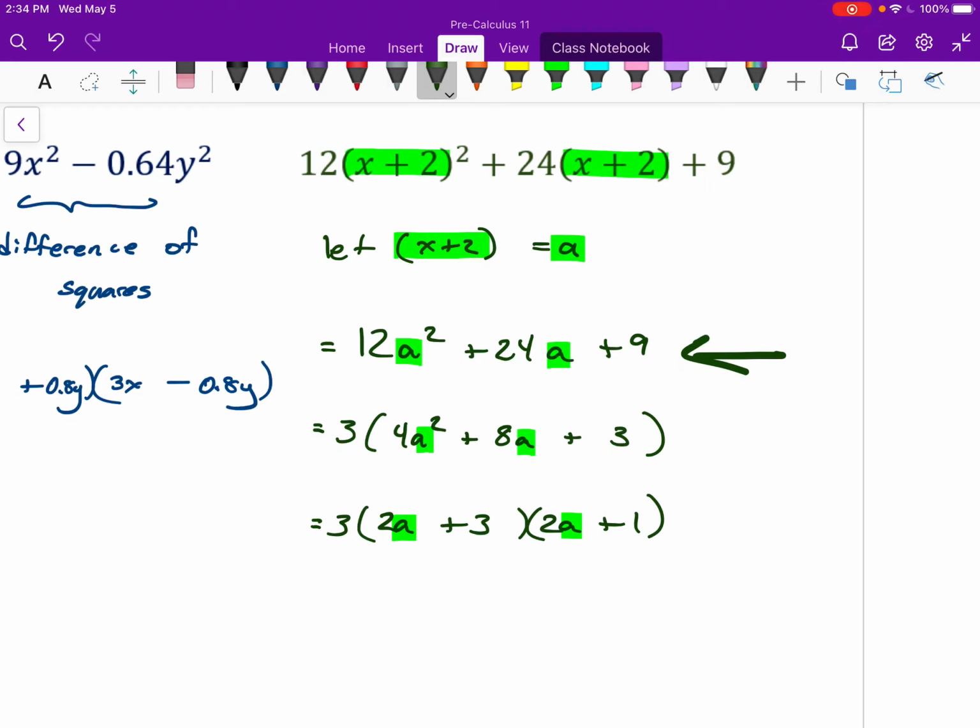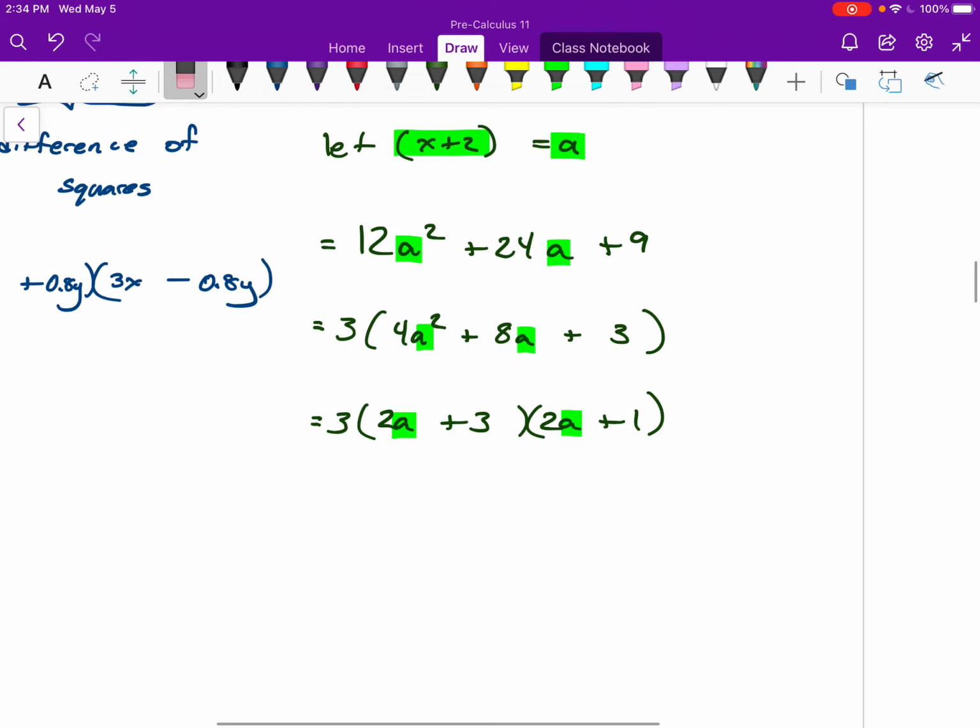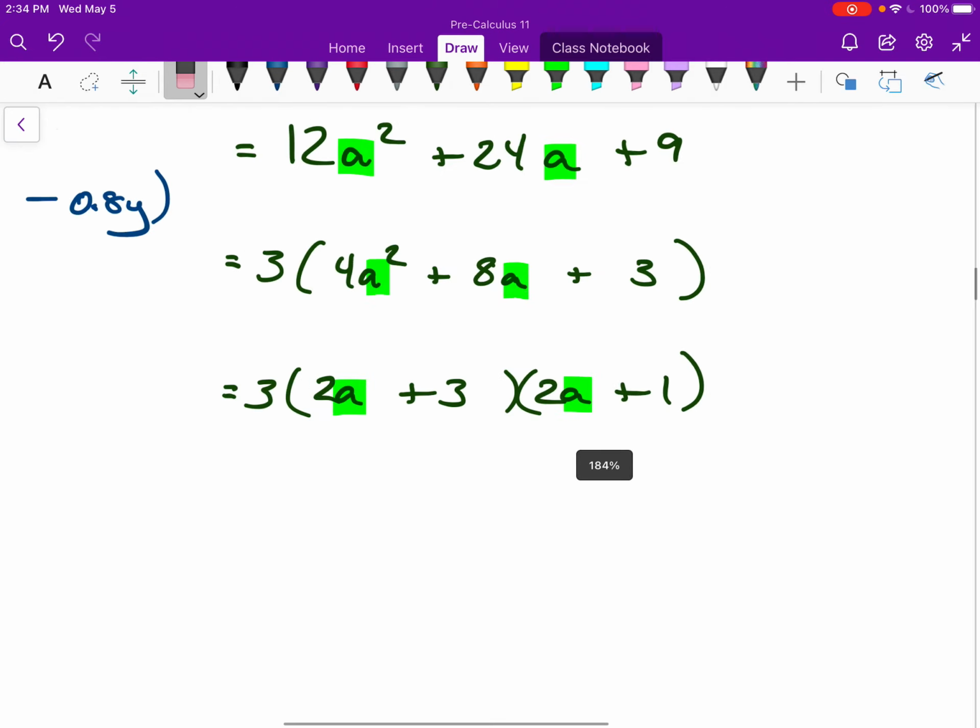What makes it trickier and therefore a pre-calc 11 question in terms of factoring is that this was the question I gave you. And so let's now go back to the step where I substituted x plus 2 with a, when I simplified the expression, which was a great idea. Now let's unsimplify it. Let's replace those a's with what they are, x plus 2 again.